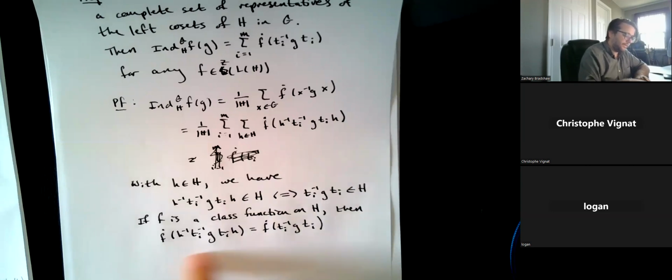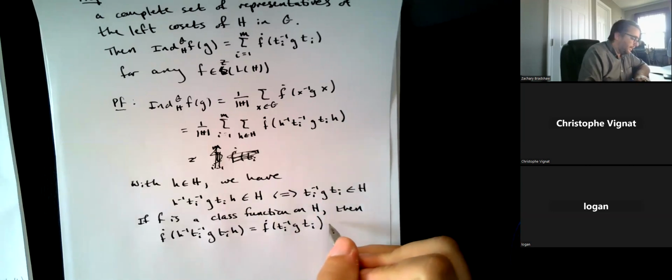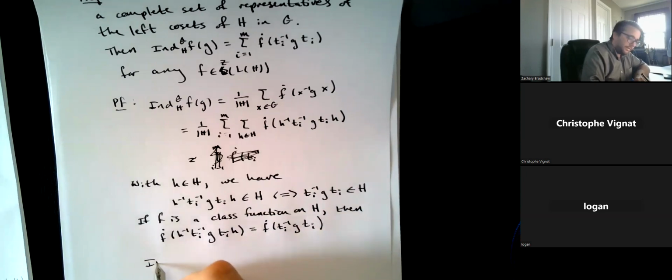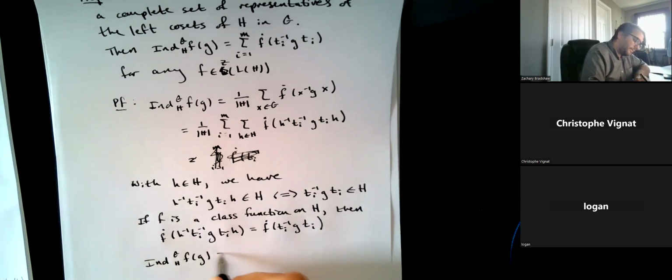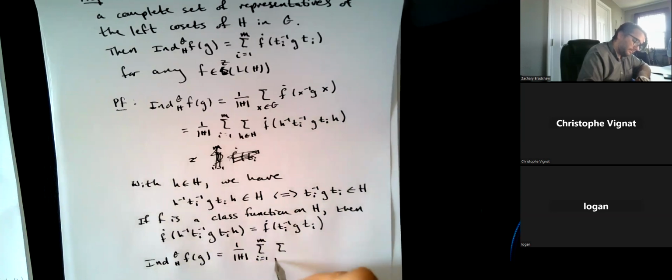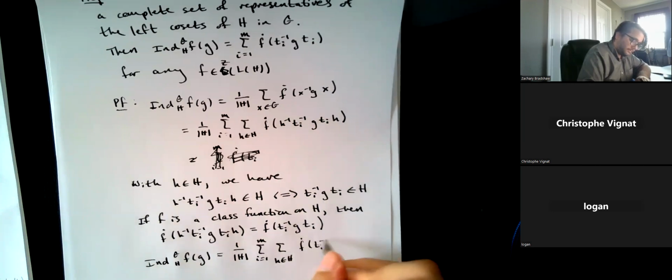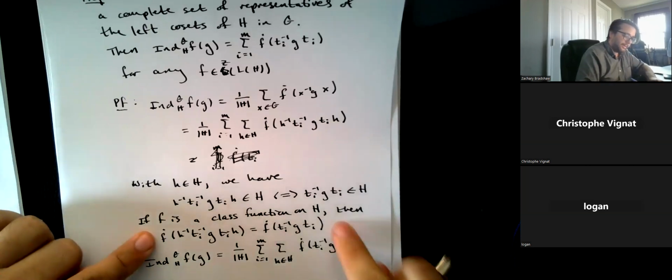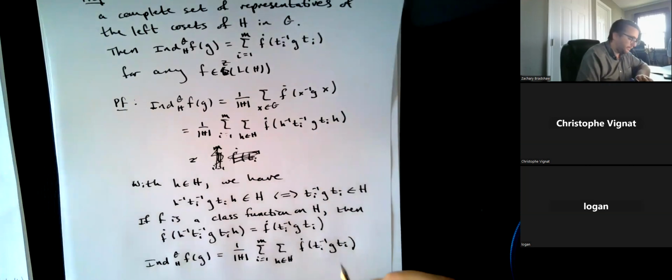Because it's a class function on H. And it follows that the induced map, so using this information, it follows that the induced map has the following form. Right, that's using this property here from here.